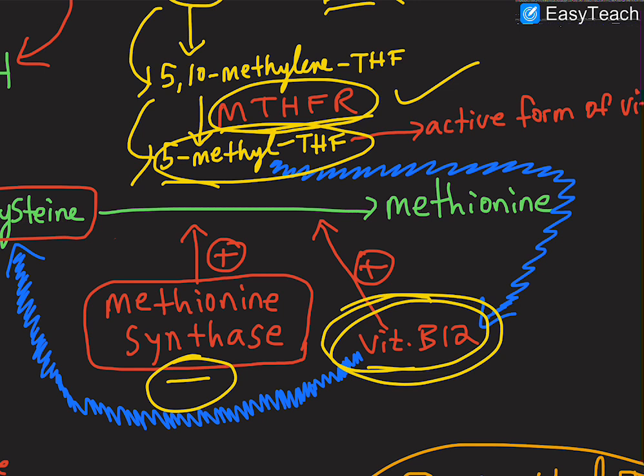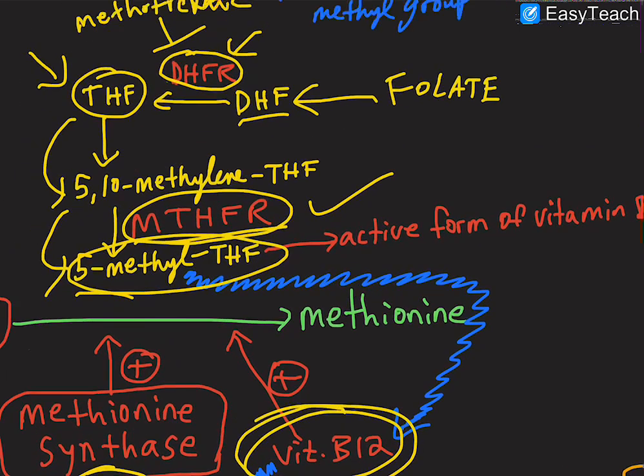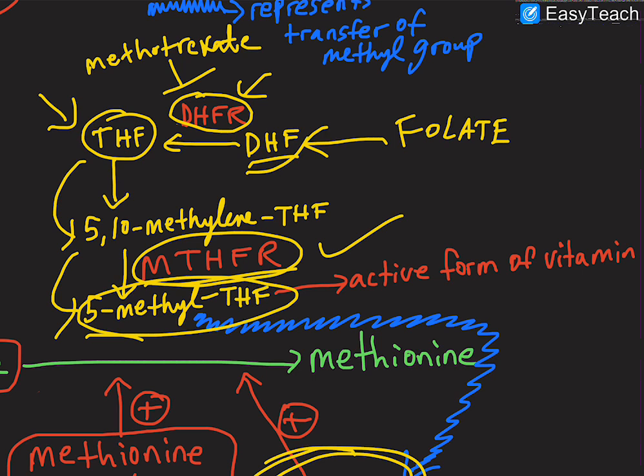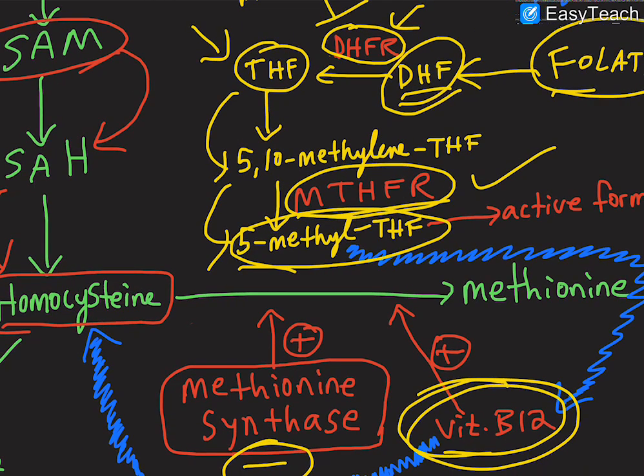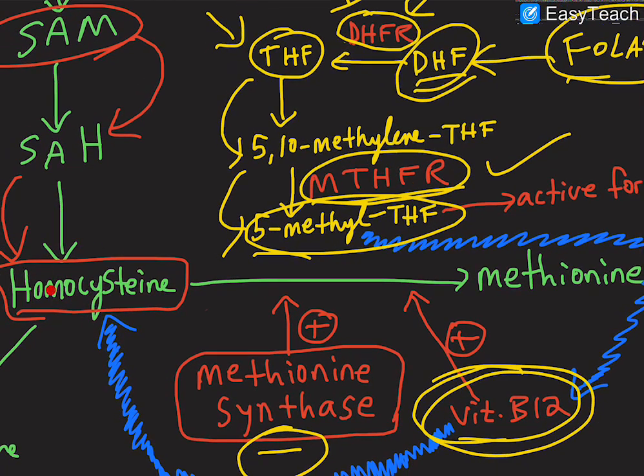What if you're deficient in folate, B9? Well, remember, folate gets reduced into dihydrofolate. Then this whole pathway occurs, and you get the active form of vitamin B9, which is responsible for keeping homocysteine levels low by converting it to methionine.